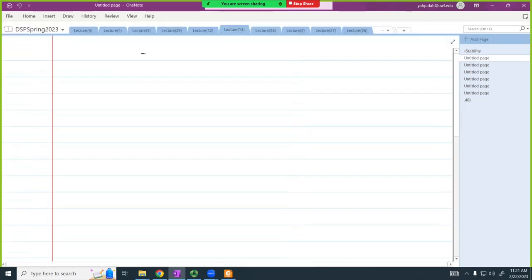So we're going to look at Jury's table test for stability. And to use this table, we're going to write the coefficients of the polynomial in descending order.